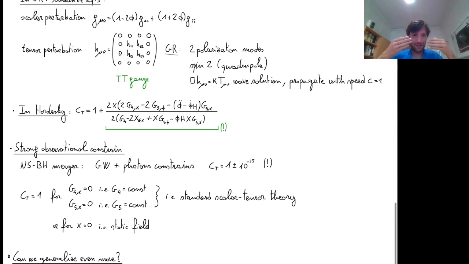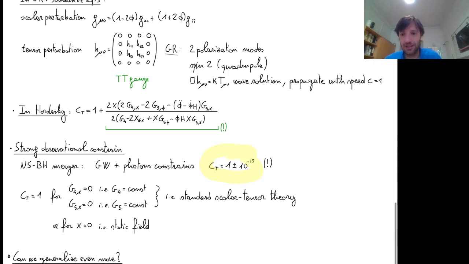The two are traveling across the universe to reach our laboratories, and people measure the difference in the timing of arrivals of the two signals, photons and gravitational waves. So the gravitational waves arrive with a speed which is the one of light plus or minus 10 to the minus 15, which is basically 0. Okay, that's one of the tightest constraints that have ever been obtained in physics.